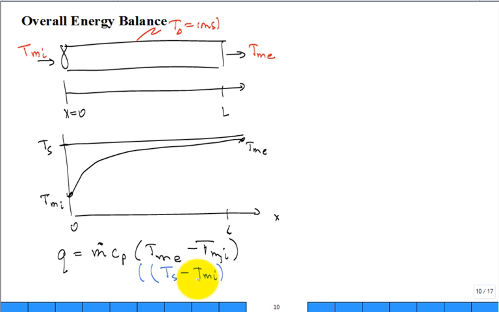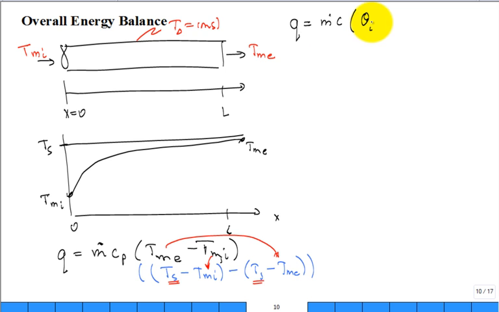So I added a Ts, so I need to subtract the Ts, and then I put the negative TME here. I know this is a little algebra, but you just added a Ts and subtracted a Ts. So you really didn't change the equation, but you were able to express it as Q is equal to m dot C, the theta on the inlet minus the theta on the exit.